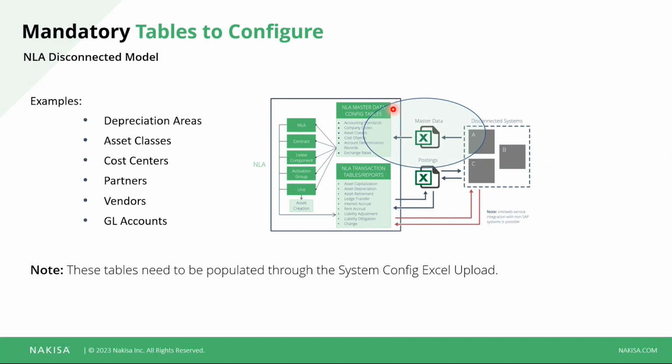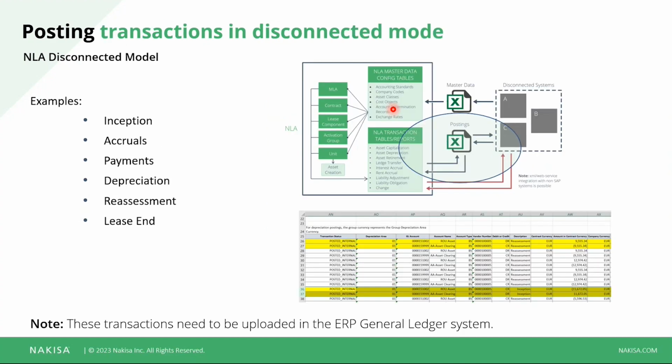Okay. So as far as outputs, the result of the transactions at inception is to generate accruals, interest, payments, depreciation, any type of reassessment, or even lease ends. We will generate all those transactions, and we will get to see those transactions in our consolidated transaction report.